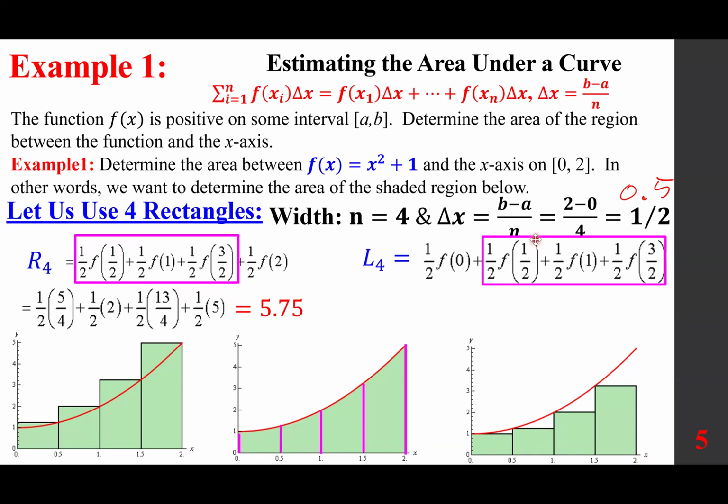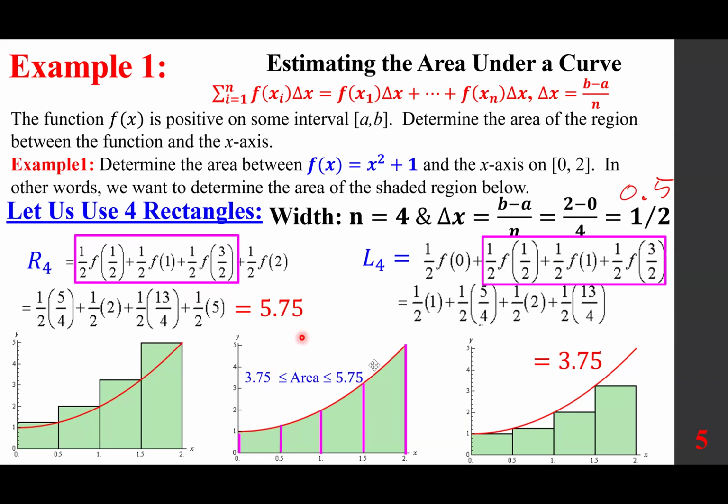And that's why these 3 are the same. And if you want to calculate it by hand, it's easier if you notice that you don't have to repeat yourself. Evaluate, and therefore the area, when we choose 4 rectangles, is between these 2 numbers.